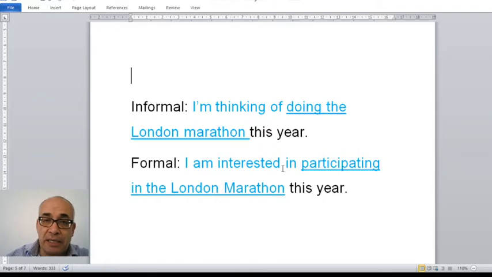So "participate in" is formal. And again, "I'm thinking of" is short form, which is a contraction. This is informal. I change "I'm thinking of" into "I am interested in."